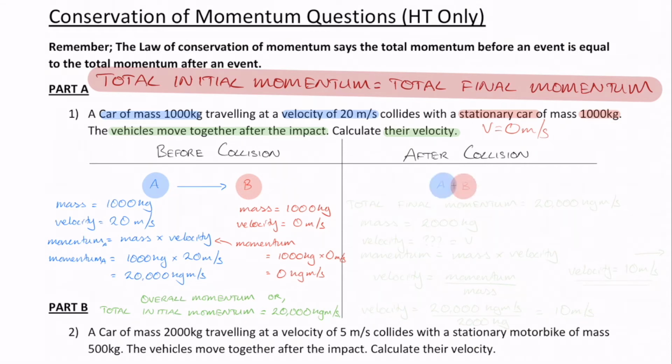Now let's look at what happens after collision. So we have object A and object B, and in this case, they move together after collision.